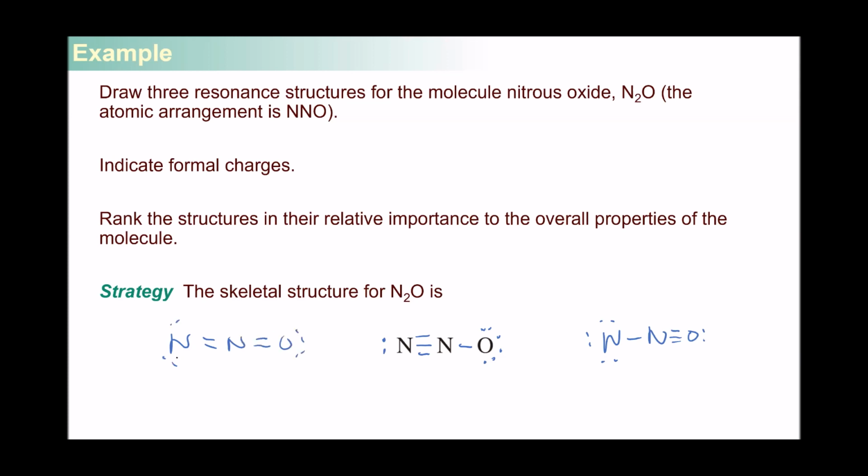So which one is the correct one, or at least the most favored one? Nitrogen, you said, usually has 3 bonds, right? Yes, that's something that you can use. But you will find that if you use this rule, this structure fulfills the number of bonds for nitrogen, but it doesn't fulfill the number of bonds for oxygen.